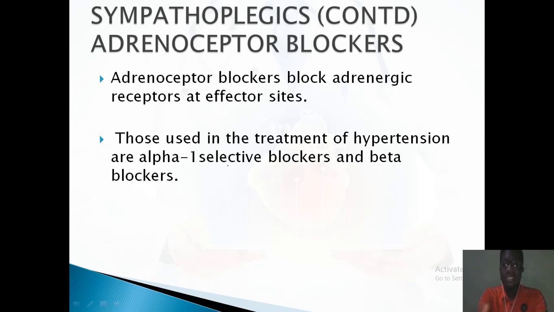There are different classes of adrenergic blockers. We have the alpha-1 selective blockers, alpha-2 selective blockers, and beta-1 blockers. But that is going to be talked about under ANS pharmacology. For now, we need to know that the adrenoceptor blockers used in the treatment of hypertension are the alpha-1 selective blockers and the beta blockers.